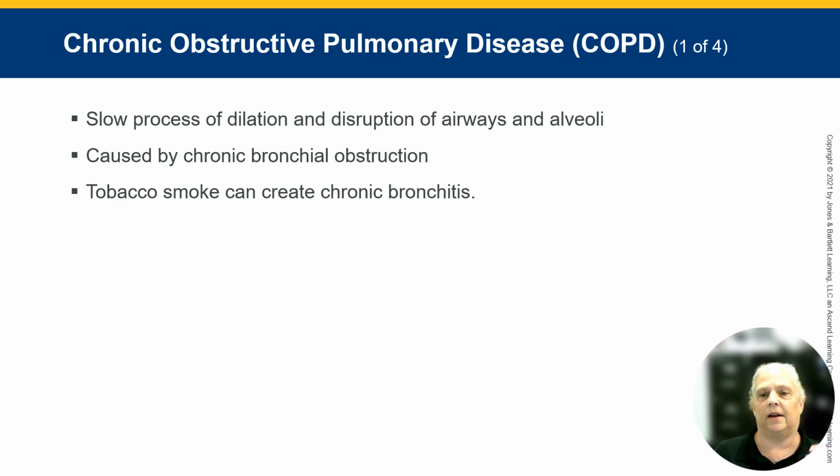With chronic oxygenation problems, this can also lead to right-sided heart failure and fluid retention in your patients. They're more susceptible to pneumonia, and if they have repeated episodes of irritation and pneumonia, they can develop scarring in the lung and dilation of the obstructed alveoli. All of this leads to your COPD.